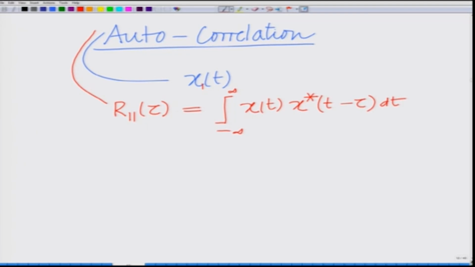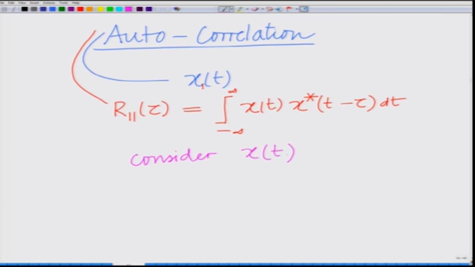Now, since there is only one signal x1(t), we have a single signal, so there is no need for the notation x1, x2.